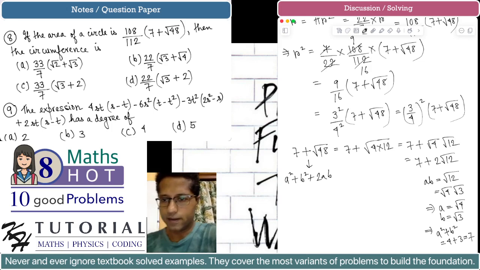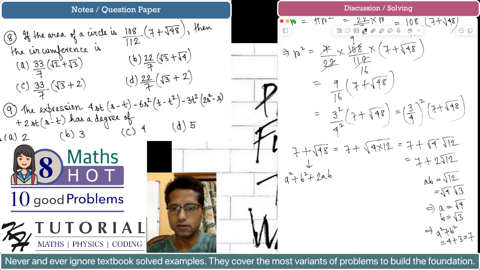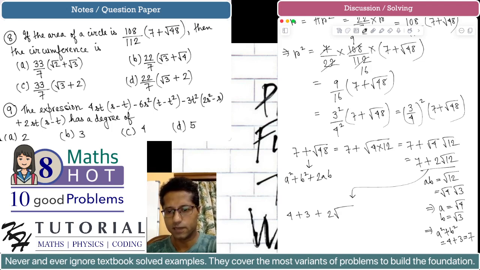So 7 is 4 plus 3, and we have 2 into square root of 12. Square root of 12 can be written as square root of 4 multiplied by square root of 3. So 4 can be written as the square of square root of 4, and 3 as the square of square root of 3.